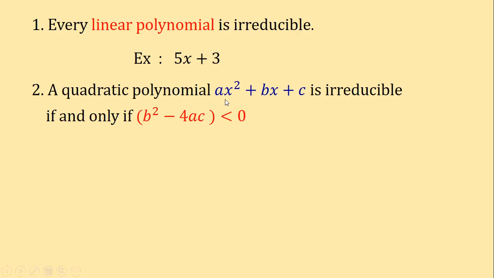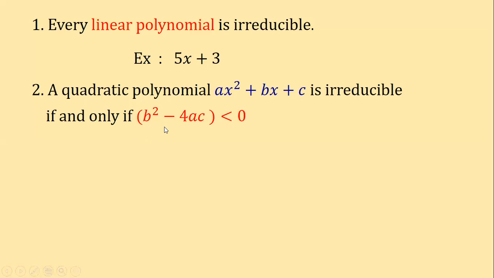Do you remember this expression, children? Ax square plus bx plus c is the general form of a quadratic polynomial. So this quadratic polynomial is irreducible if and only if b square minus 4ac is less than 0. Do you remember this formula? Is it familiar to you? What is this? It is the discriminant formula.